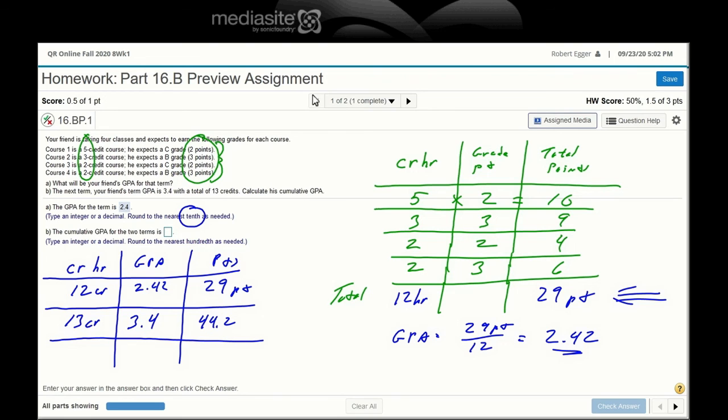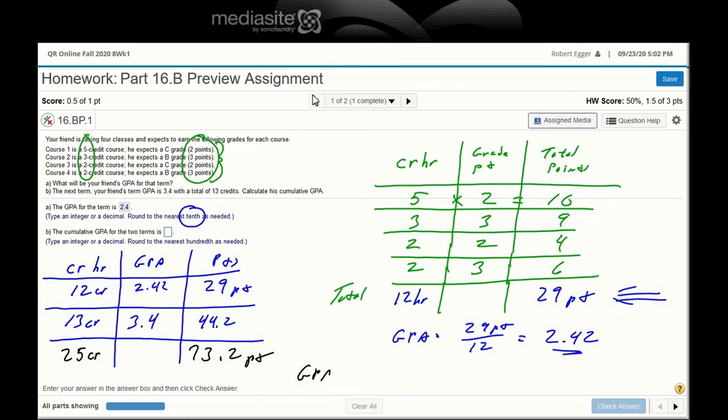Now I total these up. I've done 25 credits for a cumulative total of 73.2 points.